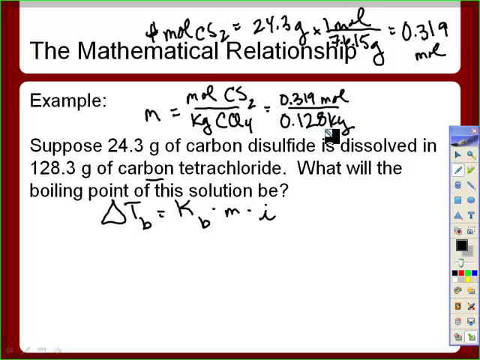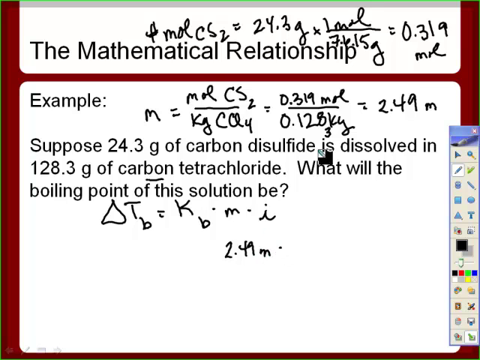Oh, 0.1283 kilograms, excuse me. Still 3 sig figs there. 0.319 divided by 0.1283 gives me 2.49 molal. I'm going to go ahead and plug that in, 2.49 molal.